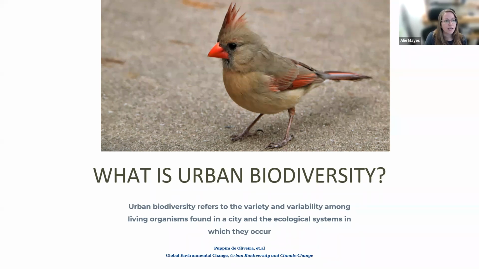As these urban areas grow, and we're finding nature in these urban areas and finding better ways to coexist with our urban wildlife and plants, it's going to become more and more important to study this urban biodiversity.